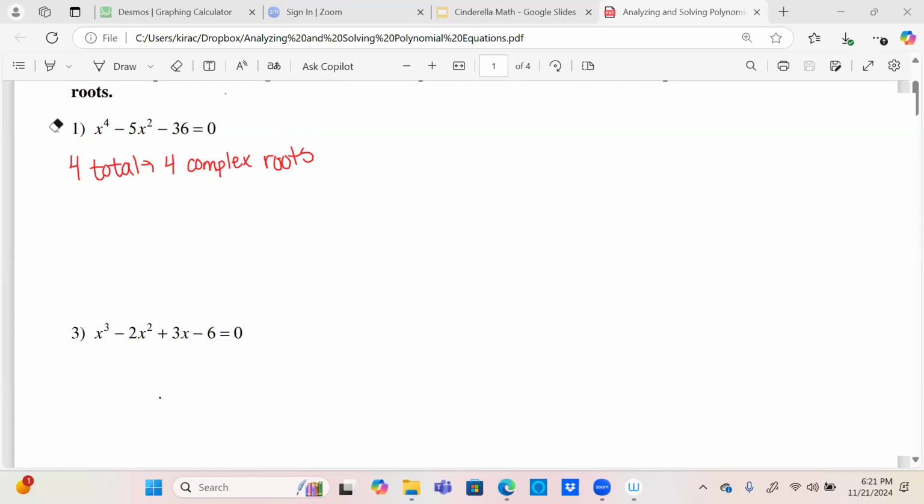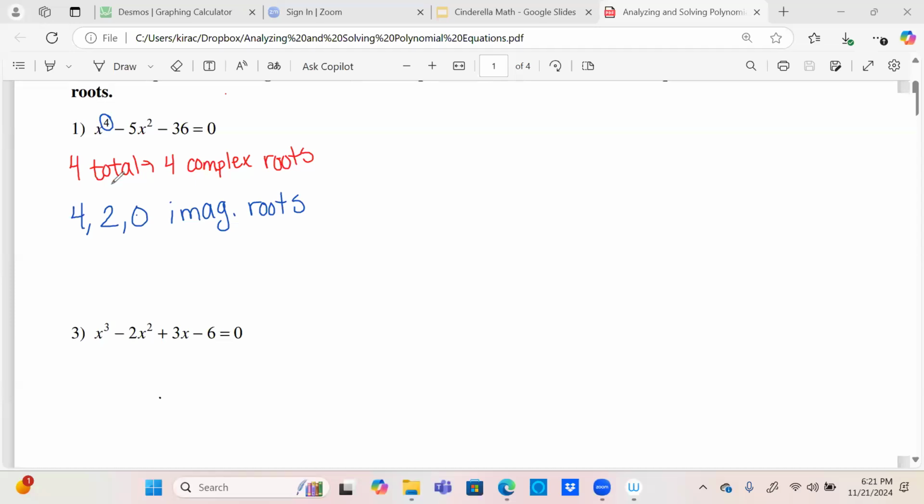Okay. And then I like to do the imaginary because I know they'll come in even numbers. So looking at our 4, what are the even numbers? So we could have 4, 2, or 0 imaginary roots. It's always the highest even number you can get and then go down even numbers, so down by twos.